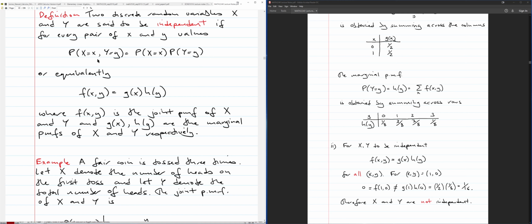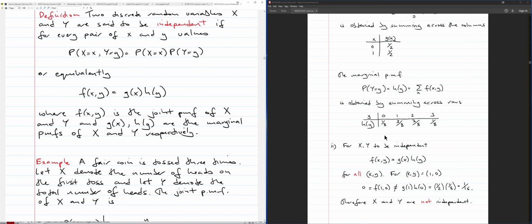We want to check: it's going to be independent if, for each pair of values of x and y, this statement holds.